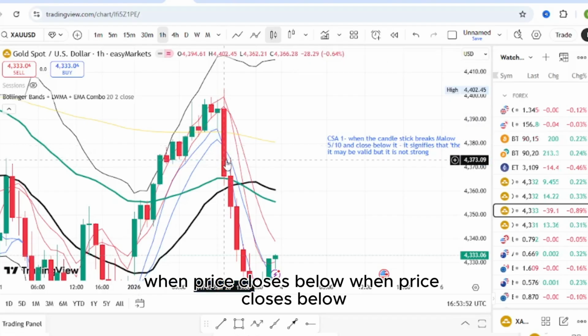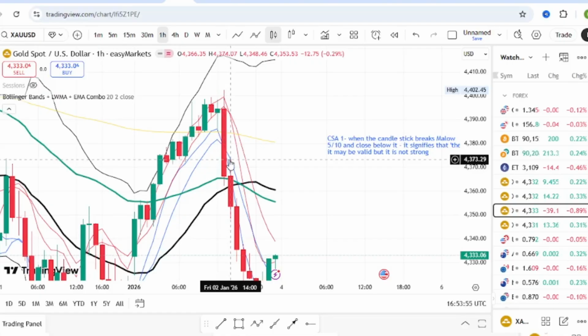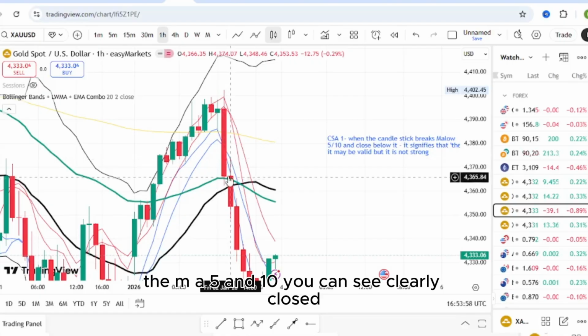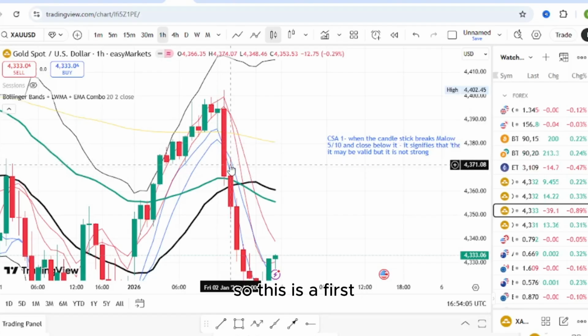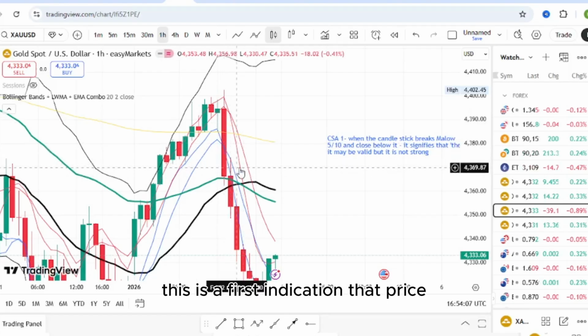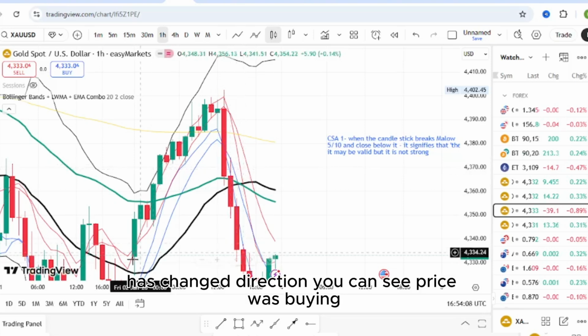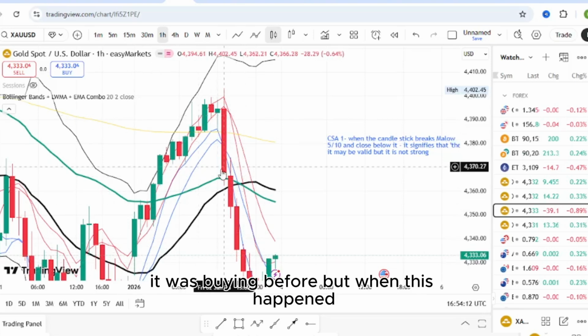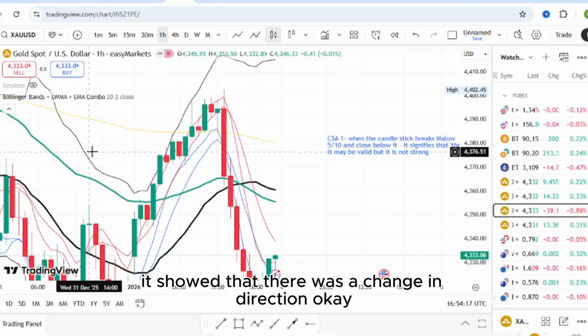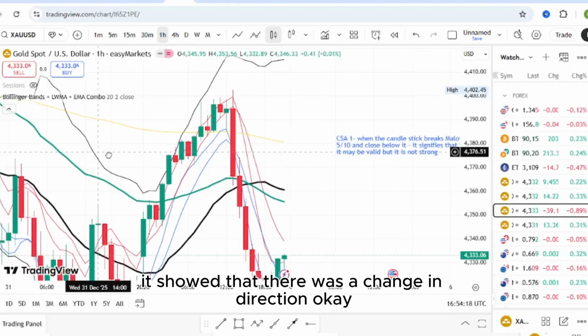When price closes below the MA 5 and 10, you can see clearly this candle has closed. So this is a first indication that price has changed direction. You can see price was buying before, but when this happened, it showed that there was a change in direction. So that's what CSA means, a change in direction.